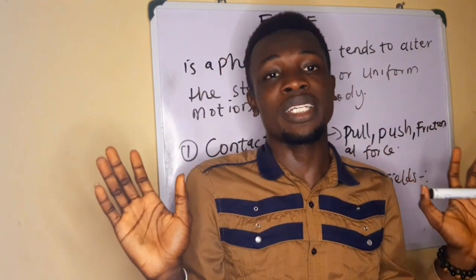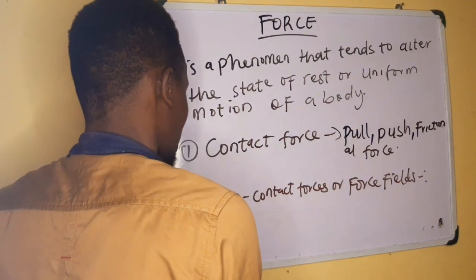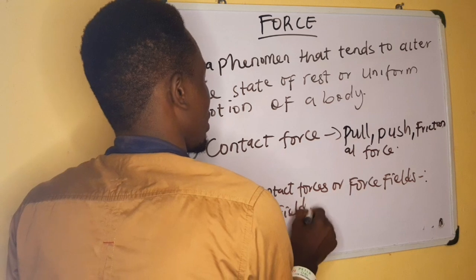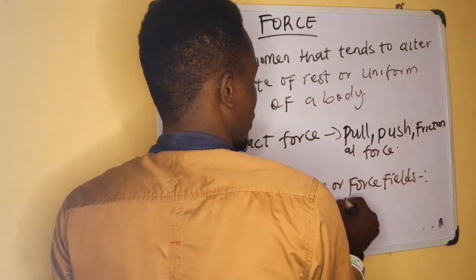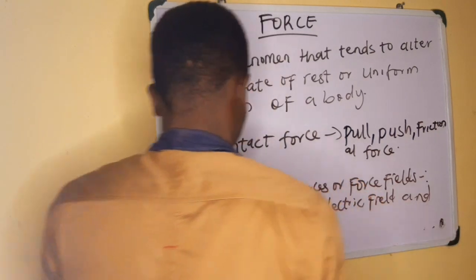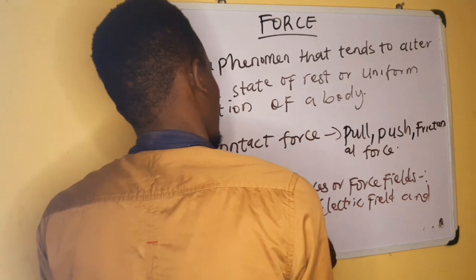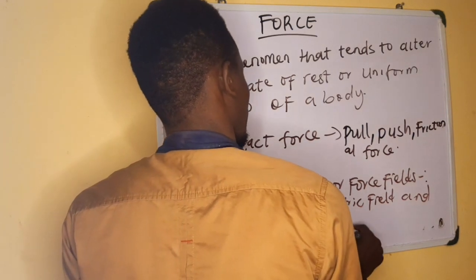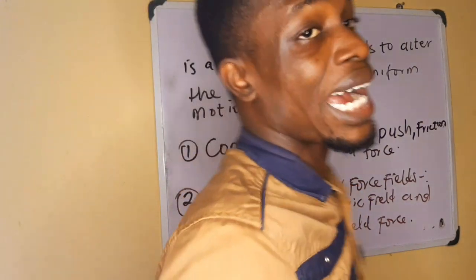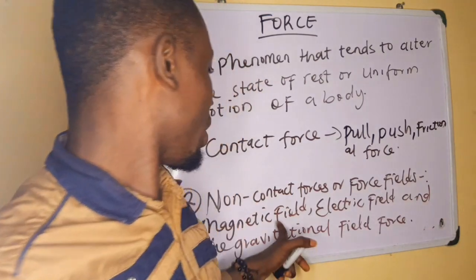Examples of these force fields are the magnetic field, the electric field, and the gravitational field force. Yes, all of them are forces: the electric field force, the magnetic field force, and the gravitational field force.